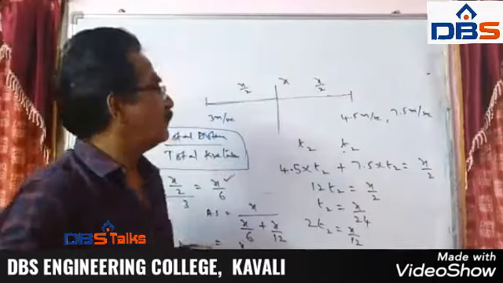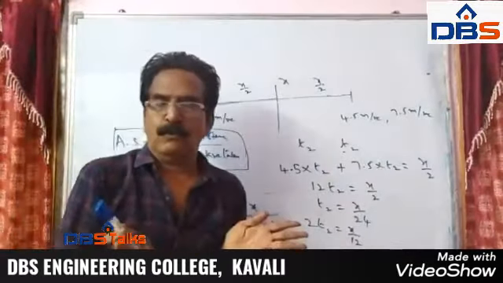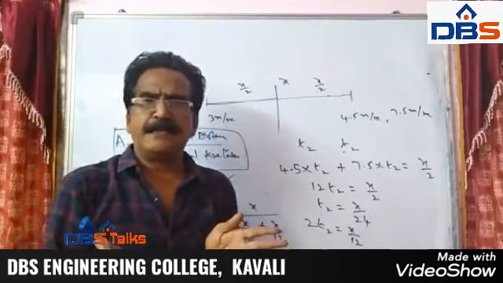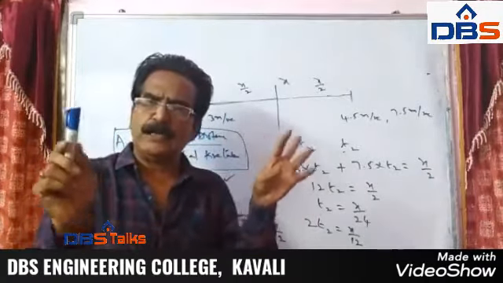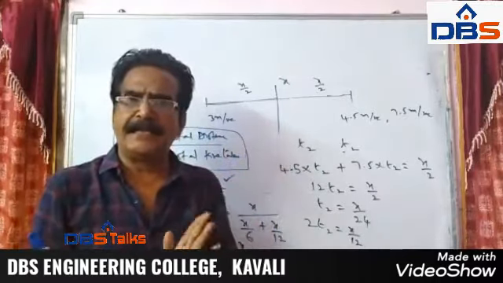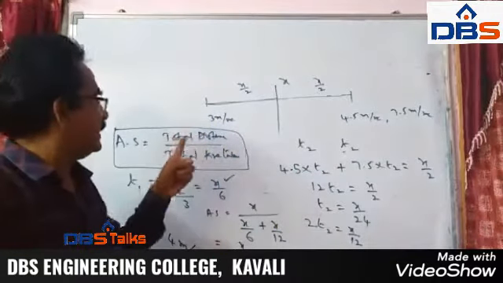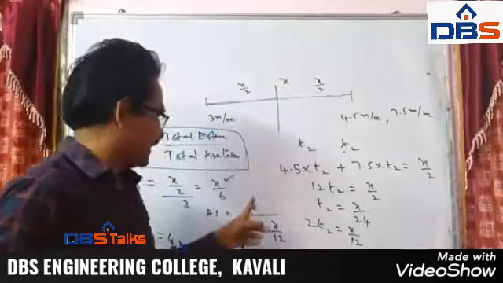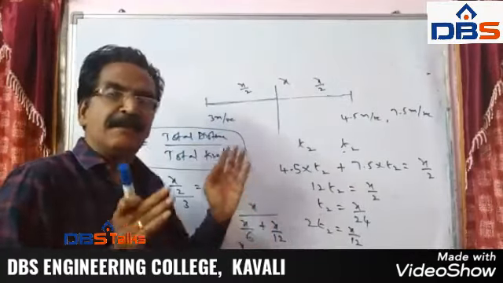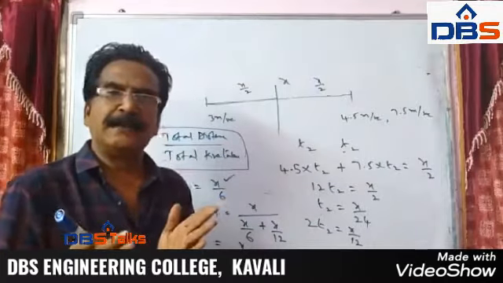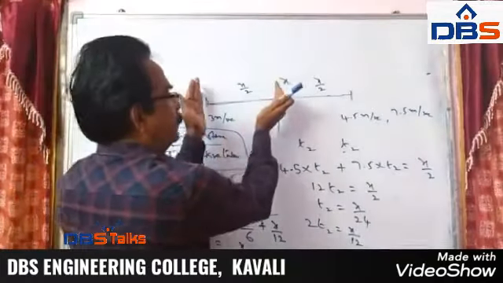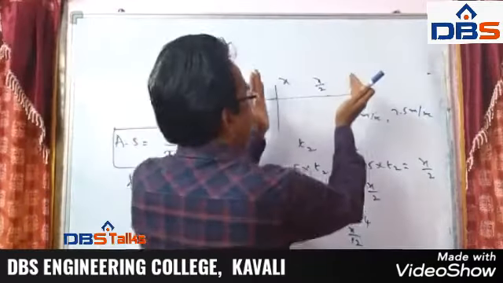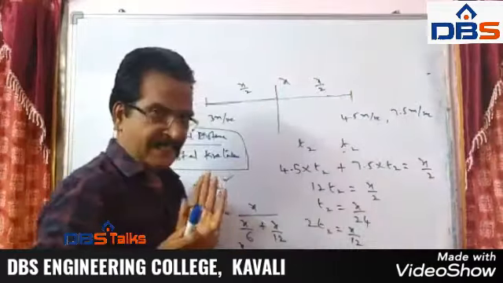Problem clear, friends? Here the whole overall thing is finding the average speed. Average speed means total distance x by total time taken. Total time taken means the time taken to travel the first half plus the time taken to travel the second half.